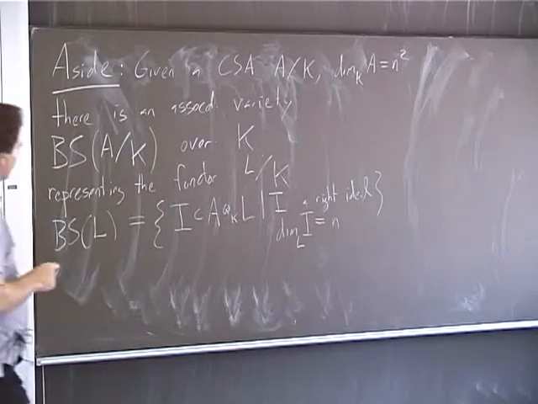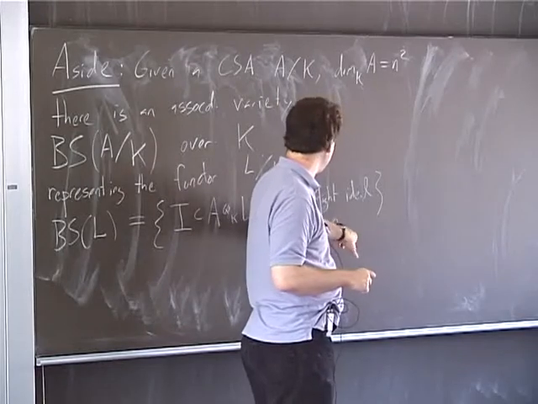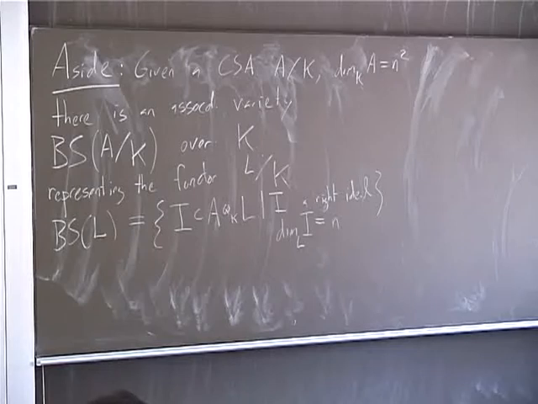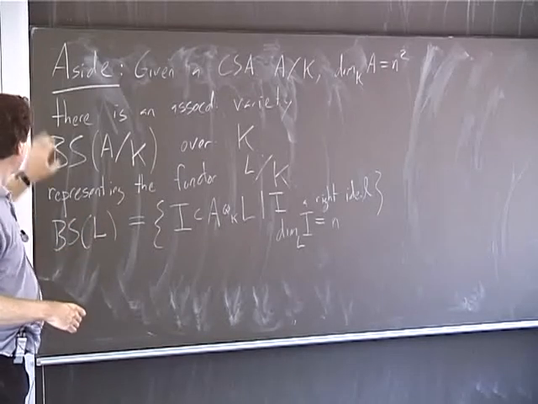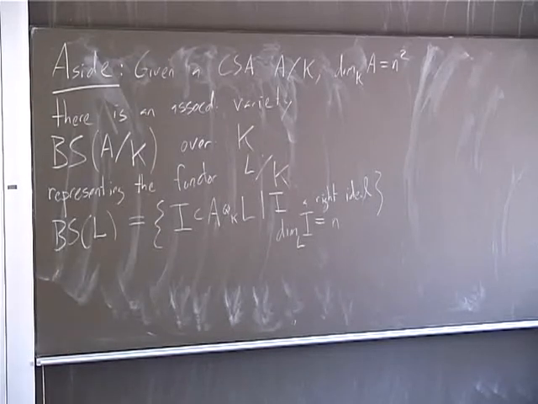If we fix that the dimension of the ideal should be n, that means the subspace we're fixing is one-dimensional. So we're looking at one-dimensional subspaces of our fixed n-dimensional vector space, which is projective space. So when you base change this Brauer-Severi variety to the separable closure of K, it's just a projective space.